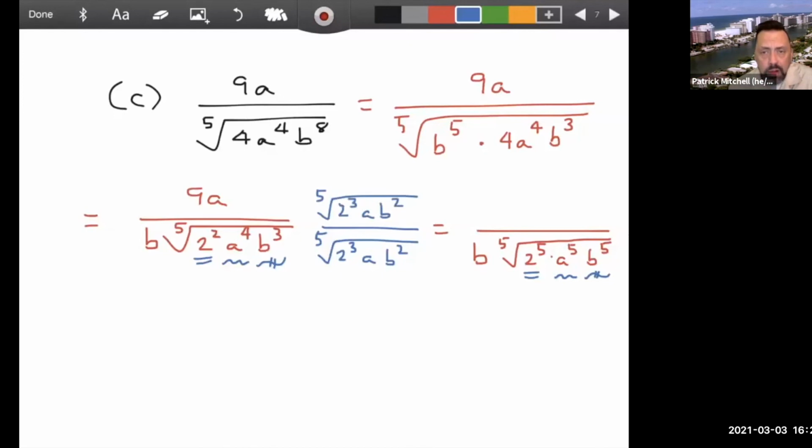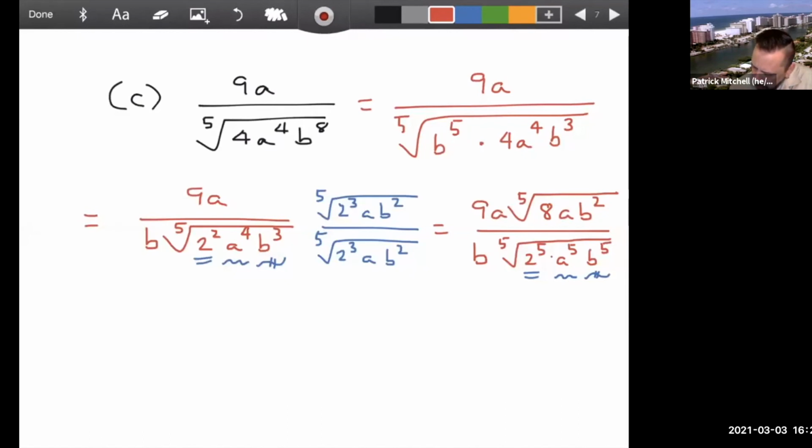Okay, so that numerator is not going to be anything special. It's just going to be 9a times the fifth root of 8ab squared. And now we'll simplify that fifth root in the bottom.